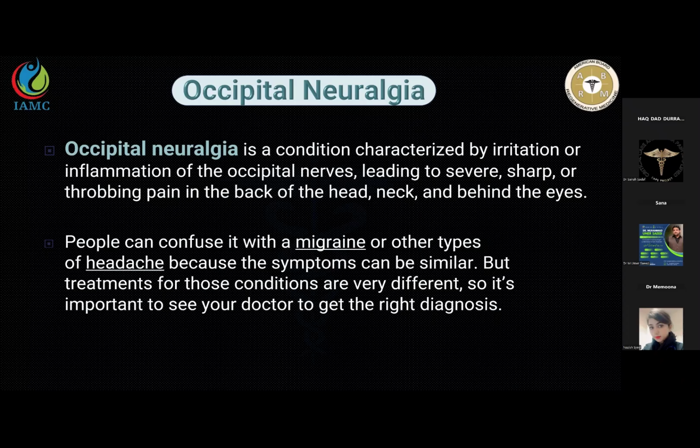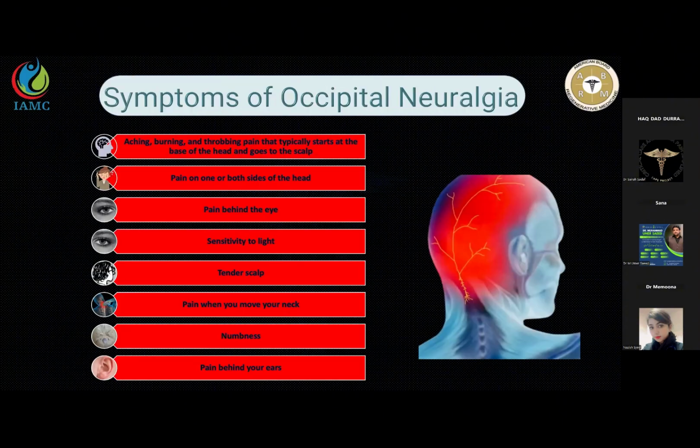Then there are the symptoms of occipital neuralgia. There is an aching, burning, and throbbing pain that typically starts at the base of the head and goes to the scalp. It starts from the back of the head and then comes to the scalp. Pain in one or both sides of the head, because sometimes only one occipital nerve is involved, or sometimes it can be bilateral. Pain behind the ears, sensitivity to light.